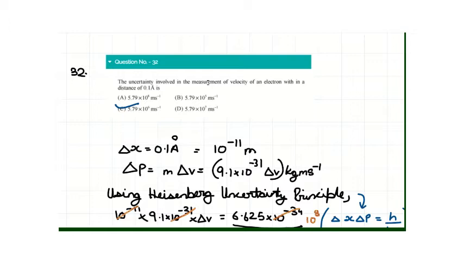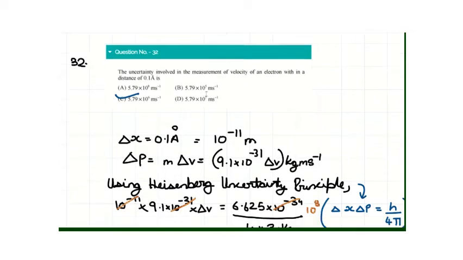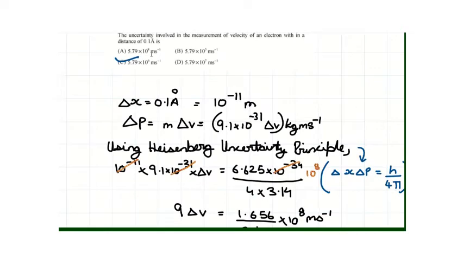in measurement of velocity. Now here they have not given the mass, but since the particle is an electron, the mass can be considered as 9.1 into 10 power minus 31 kilograms. We have the distance or uncertainty in distance as 0.1 angstrom, which in SI units is 10 power minus 11 meters.